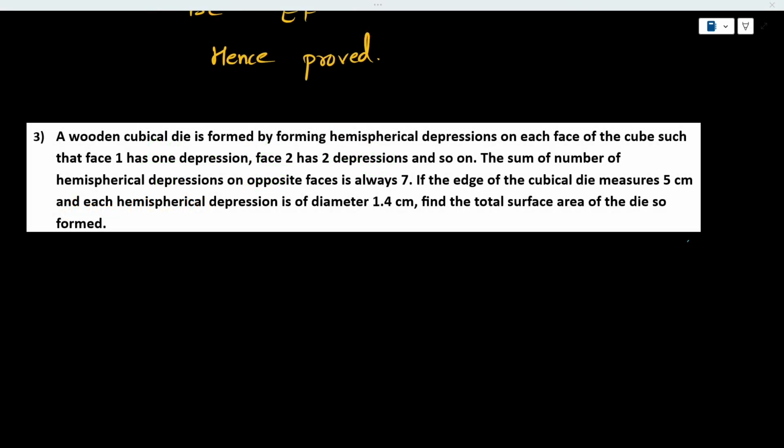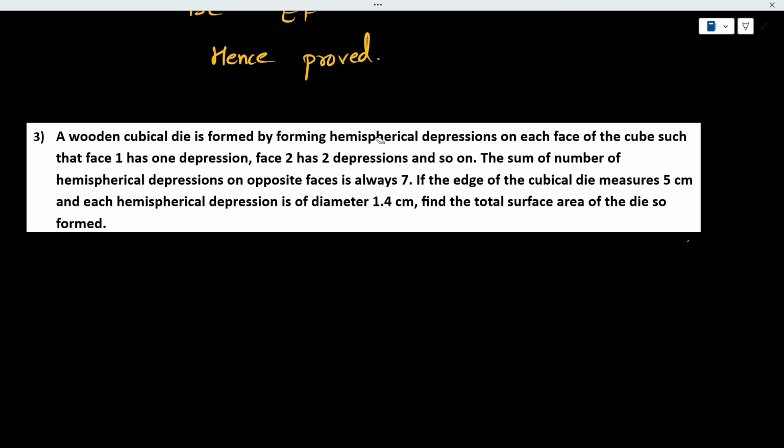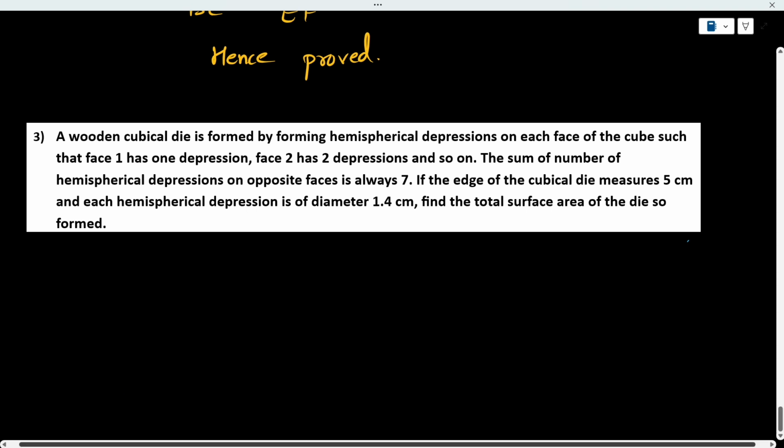Now we'll see this third 5 marker question, which is a compulsory question. If you see, this is based on surface area and volume. So let us understand what is given here. A wooden cubical die is formed by forming hemispherical depressions on each face of the cube such that face 1 has 1 depression right here, and then face 2 has two depressions.